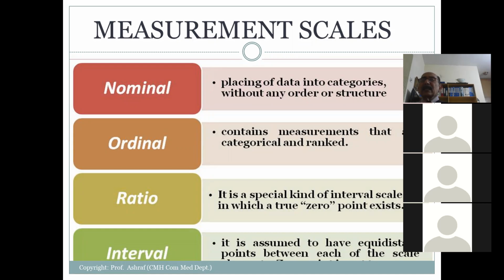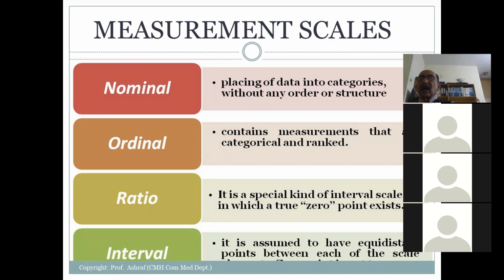Ratio is a special kind of interval scale in which a true zero point exists. For example, temperature: zero temperature does not mean the absence of temperature. Similarly, 60 degrees centigrade is not twice as hot as 30 degrees. So zero is present there; in interval, zero is absent.